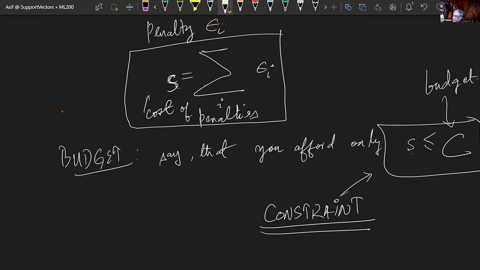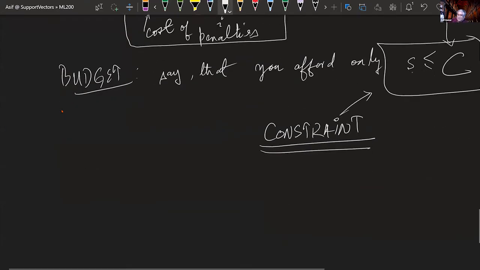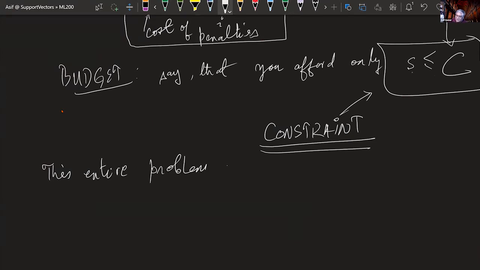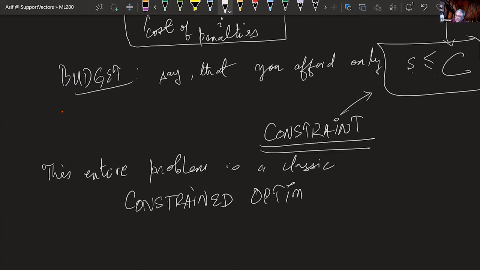And what we are going to do, let's take a little break, and then we are going to learn that this entire problem is a classic constrained optimization problem.